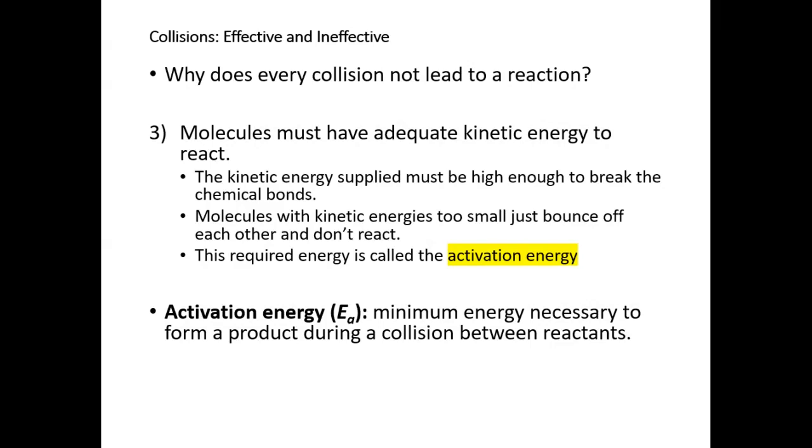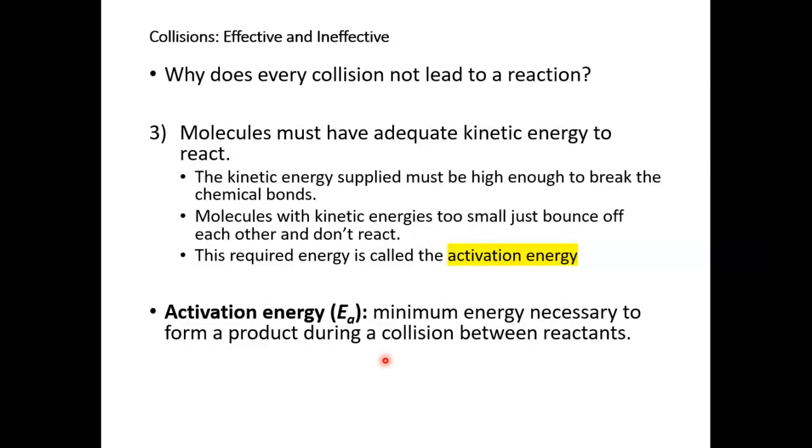Activation energy, the minimum energy necessary to form a product when reactants collide. If you don't have the right amount of activation energy, no collision in the world is going to form products.